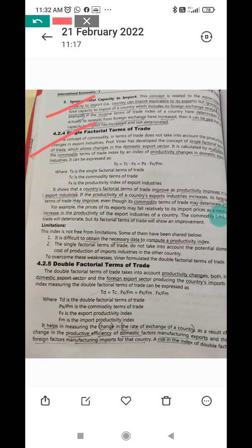And Professor Viner has developed the concept of single factorial terms of trade, which allows changes in the domestic export sector. He has developed the concept of single factorial terms, Professor Viner, which allows changes in the domestic export sector.